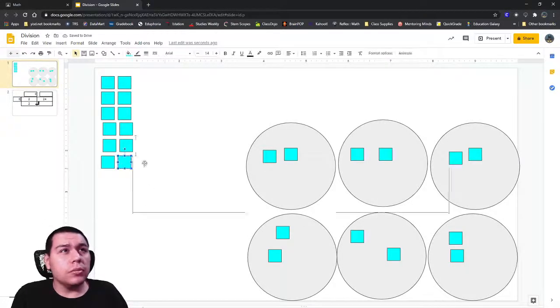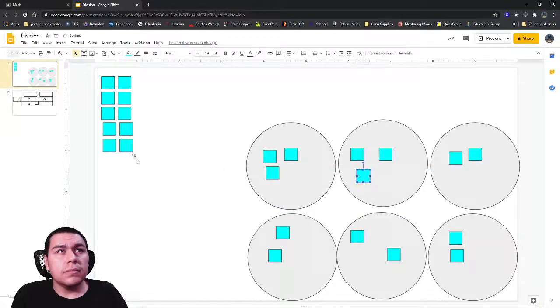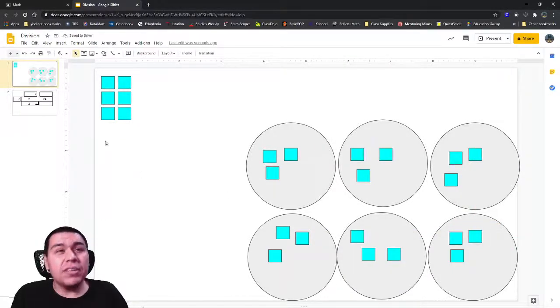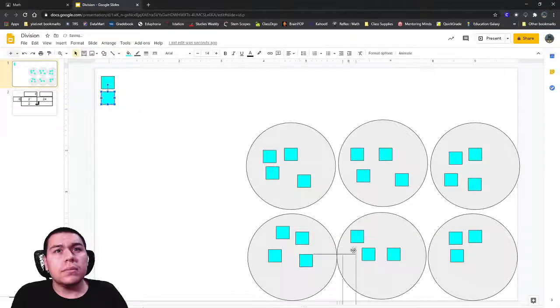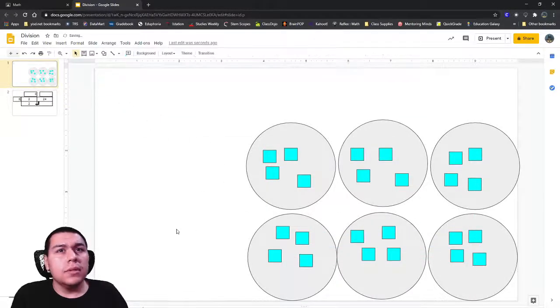I've got enough to do a third one. And I even have enough to do a fourth one. And then I run out of squares. I don't have any extra, but I was able to be fair, to be equal, be even.